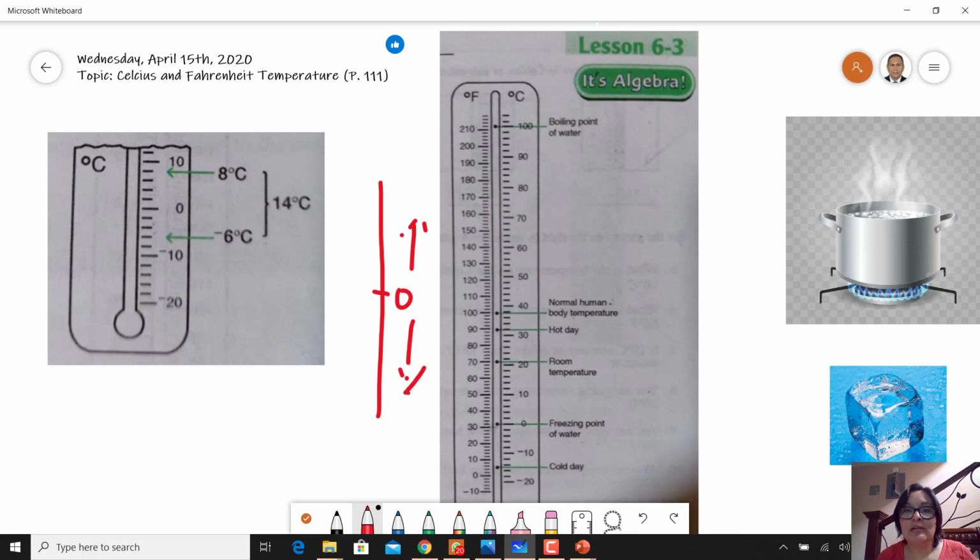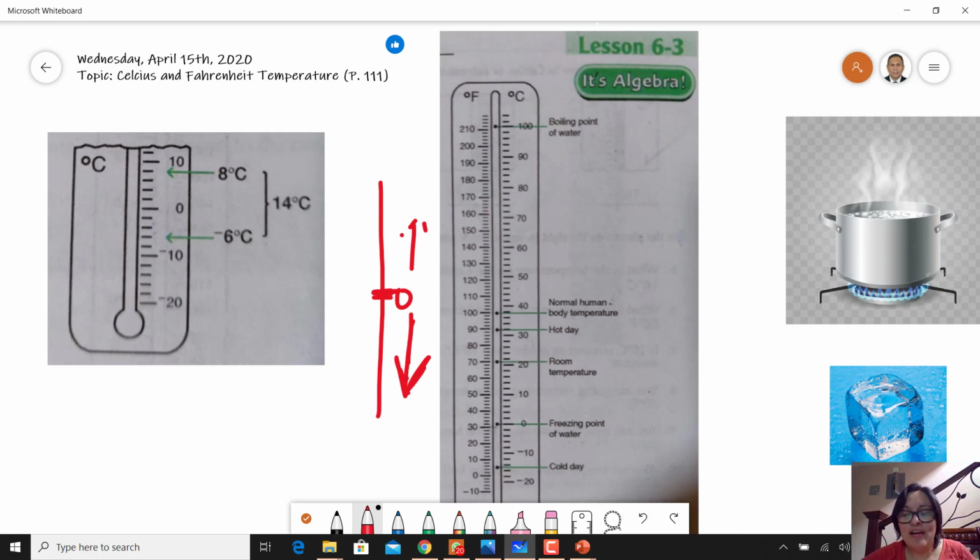Have you ever heard about, for example, in Canada, the temperature is minus 10 or 10 Fahrenheit or degrees under 0? Have you heard that? O tantos grados bajo cero. That means that the thermometer is marking this part of here. Okay, that is under 0.